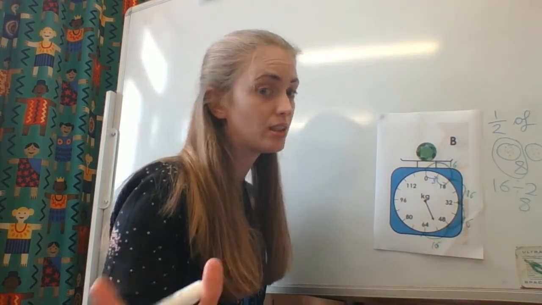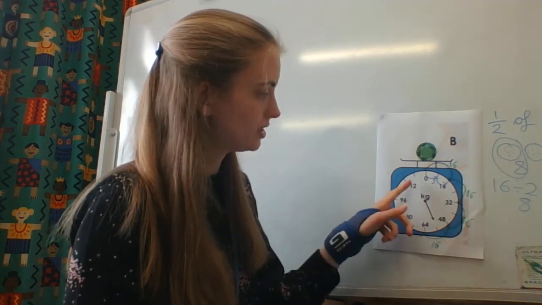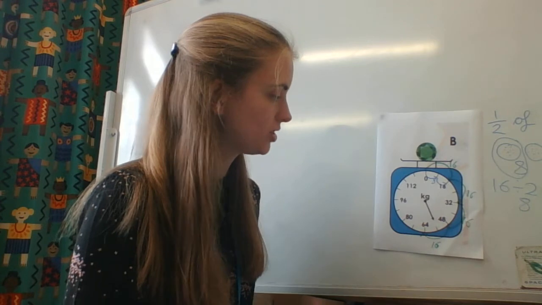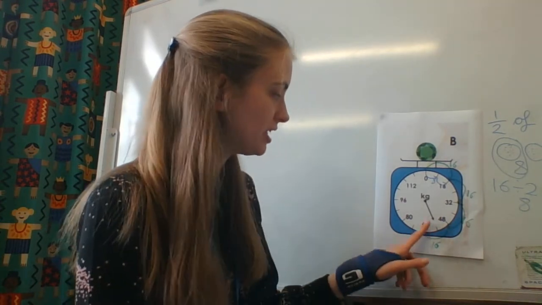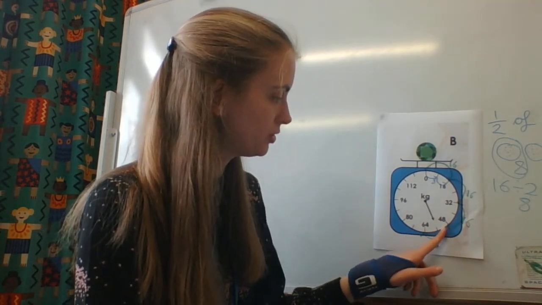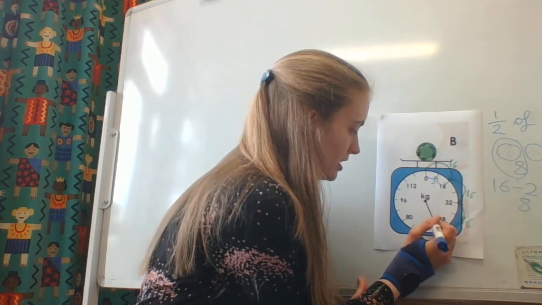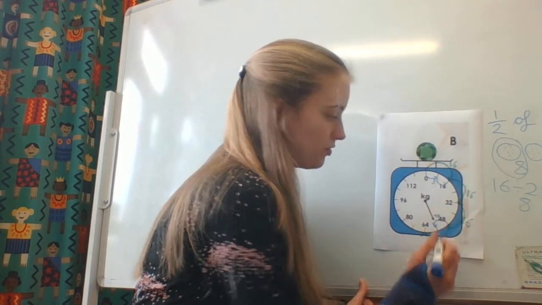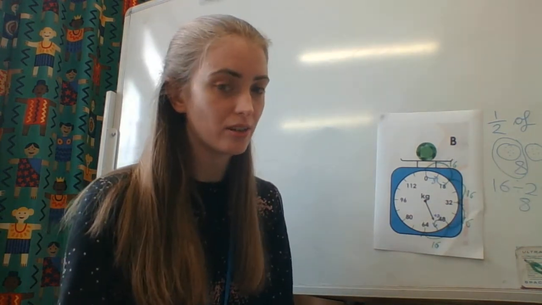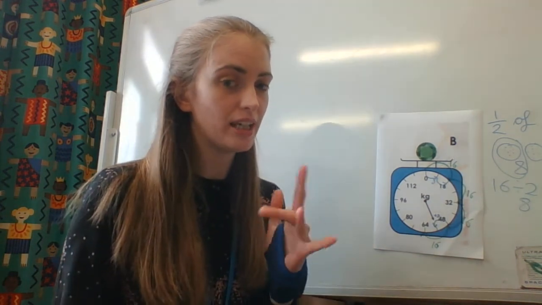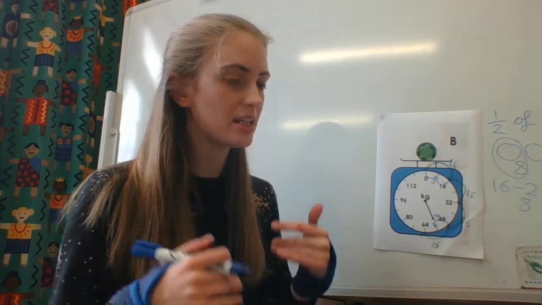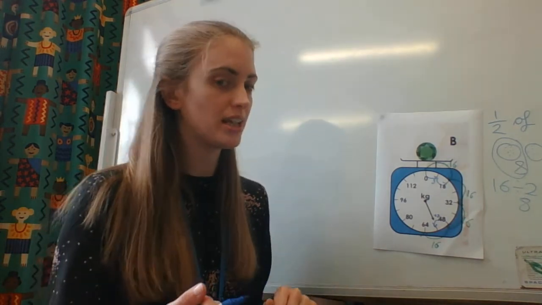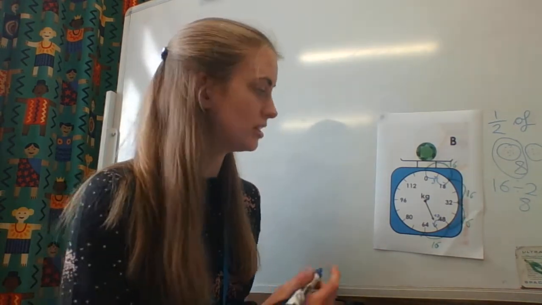Now all we have to do is count. So we could count in 8s all the way around, or I could just go, okay, 48 is the number before the arrow. I need 8 more than 48. Okay? So if you're counting 8s, 48, 56, or you could just count on your fingers to work it out.